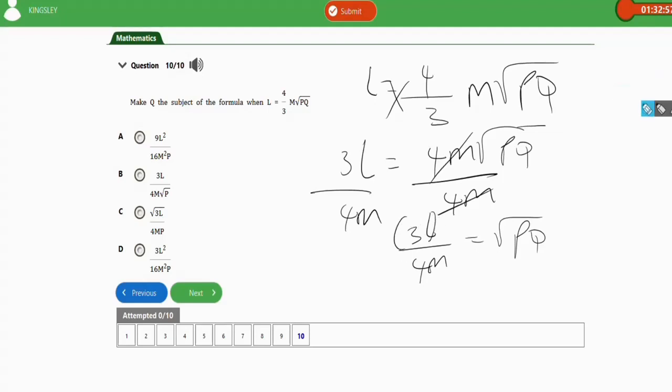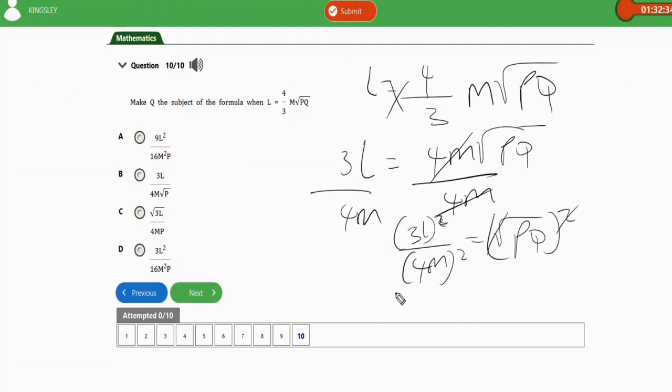Let me write this way, guys. So basically, we're going to square what we have here. I square here. Then you square this side, so remove this square root.